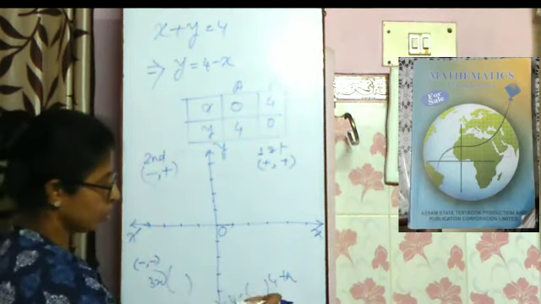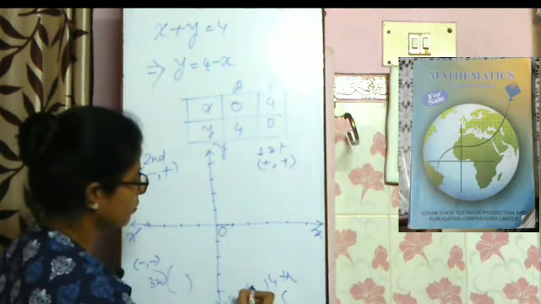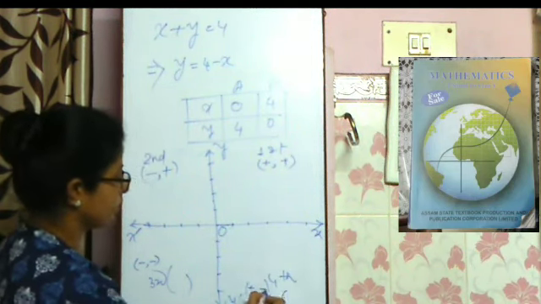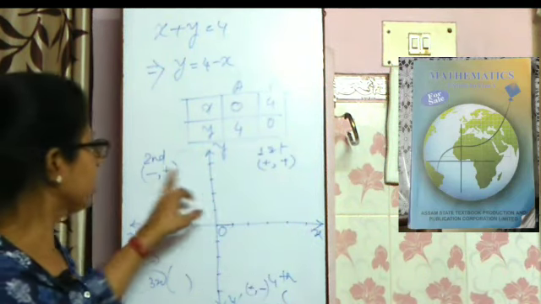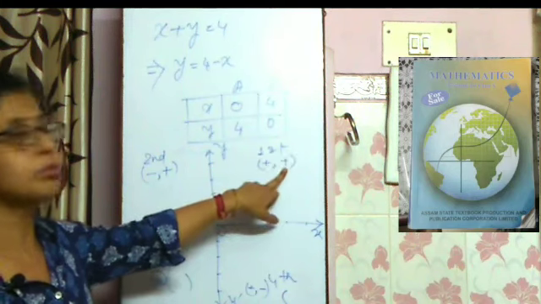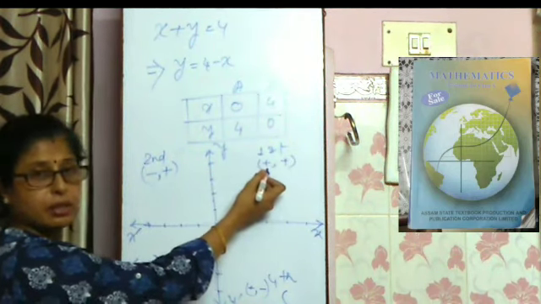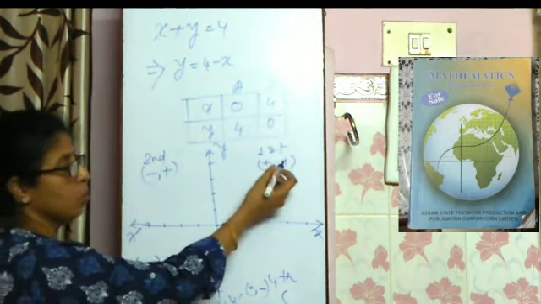And fourth quadrant, x is positive and y is negative. I think you all have noticed that the x value comes first and then the y value. x is considered as abscissa, y is called ordinate. So combining both, we call it coordinates.